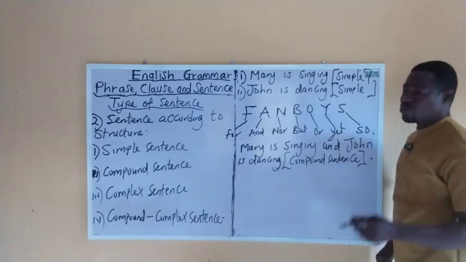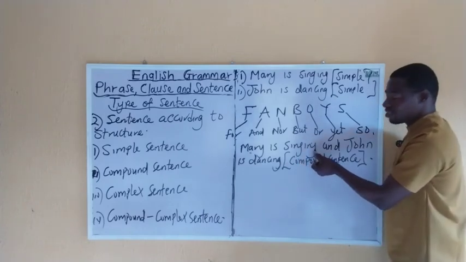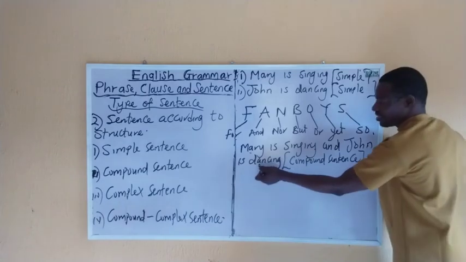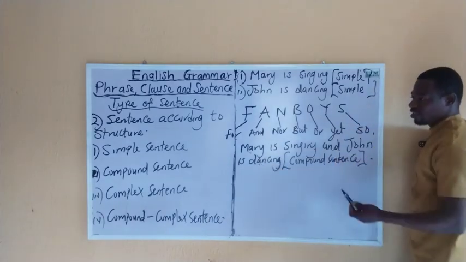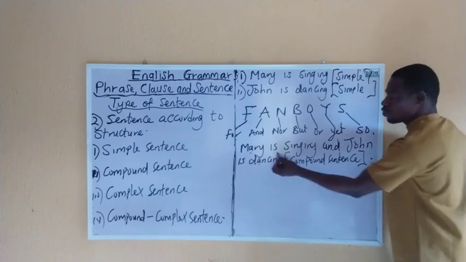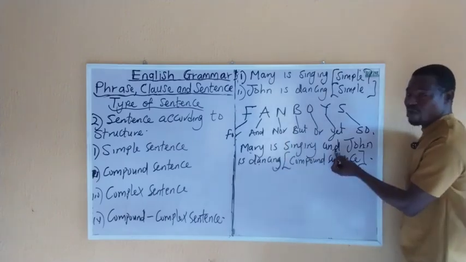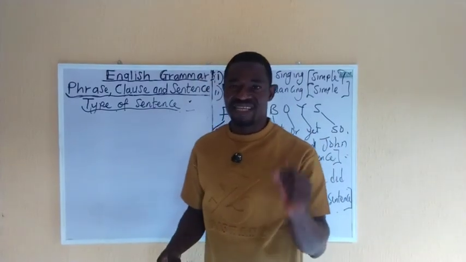Okay, fine. If you look at this closely, Mary is singing is an independent clause. John is dancing is another independent clause joined by the coordinator and. So in other words, a compound sentence can consist of two simple sentences joined by what? A coordinator.